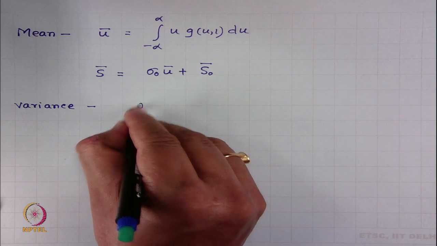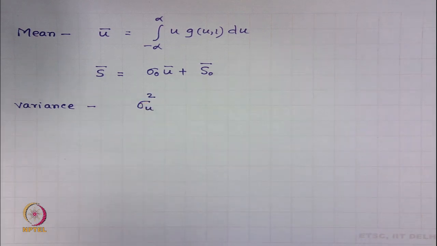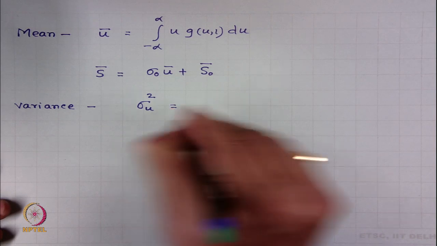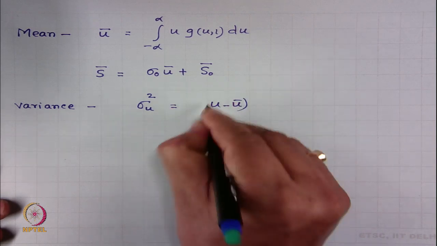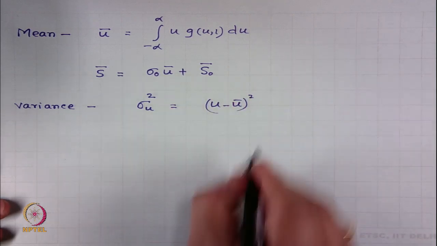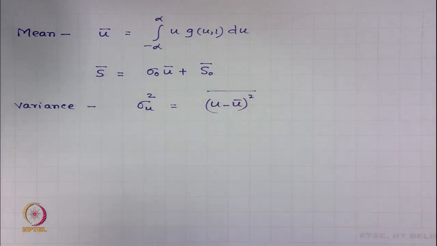Variance of u, sigma u square, is the expectation of u minus u bar square, right. Variance of u and variance of S can both be found out.